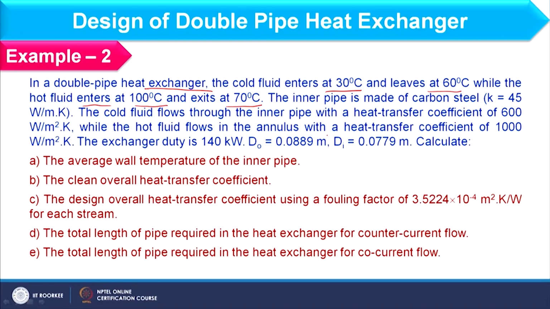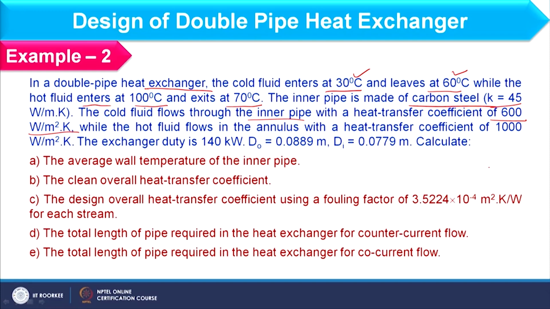If you consider the inner pipe, it is made of carbon steel having thermal conductivity as 45 watt per meter Kelvin. The cold fluid flows through the inner pipe, where temperature goes from 30 to 60 degree, with the heat transfer coefficient as 600 watt per meter square Kelvin.